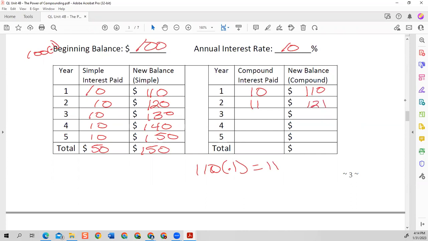We take that 121, multiply it by 0.1. So when I multiply it by 0.1, I get 12.1. We're going to add 12.1. We're going to take this one and multiply it by 0.1, 10%, again.